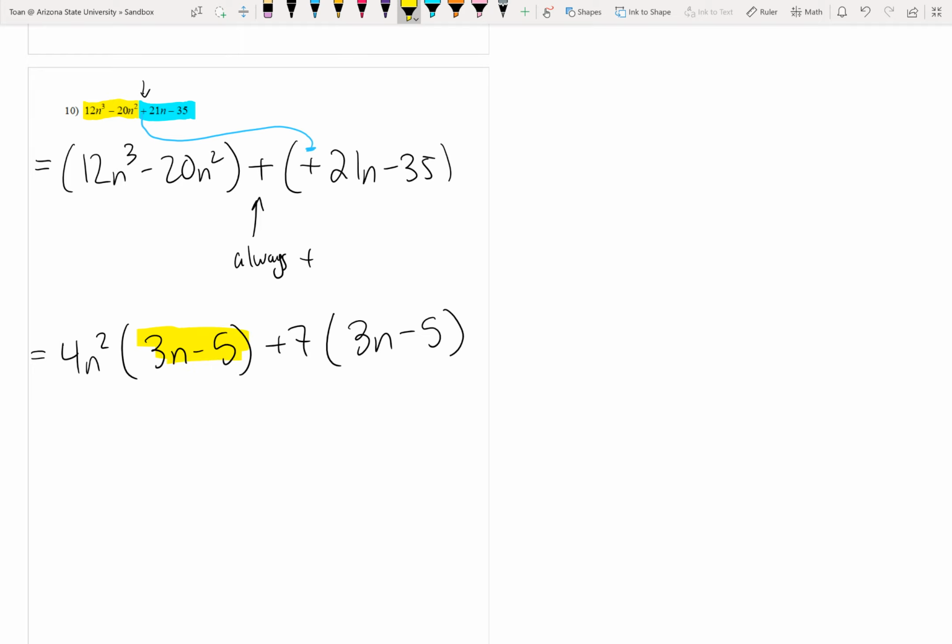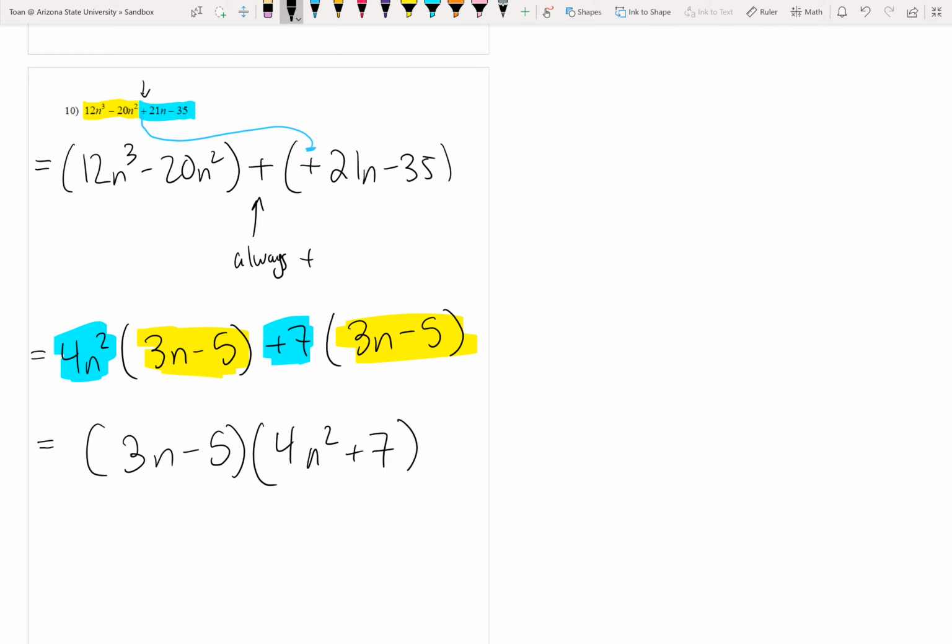Notice how these parentheses are the same. You want them to be the same. Because they're the same, we can go ahead and factor out 3n minus 5. And like with all factoring, you always put the leftovers in their own parentheses. Hopefully we can see that we have a 4n squared and a plus 7 left over. So that is the factored form for number 10.